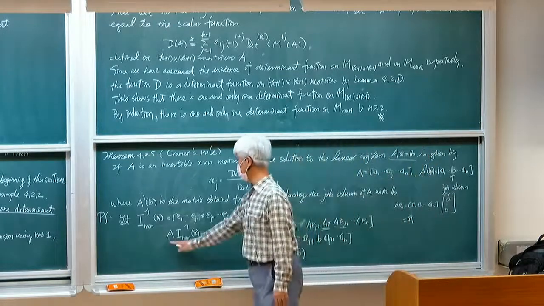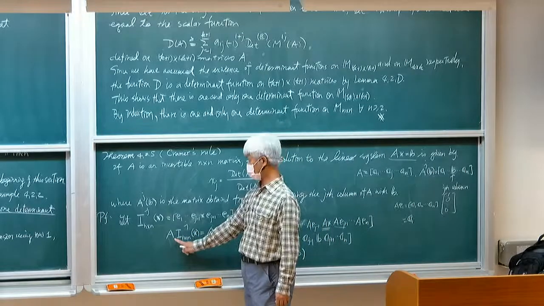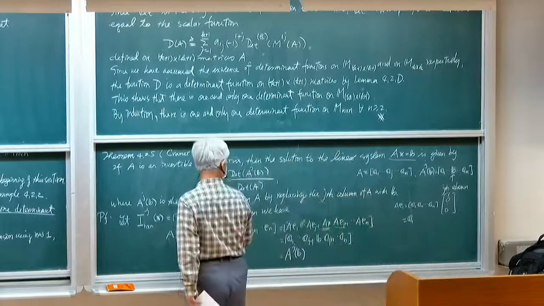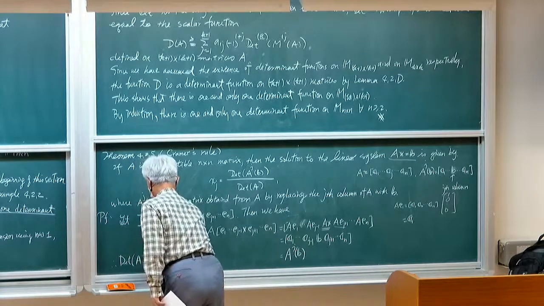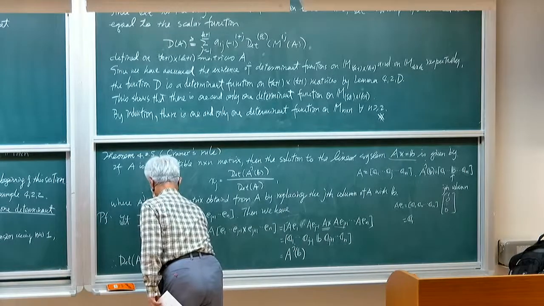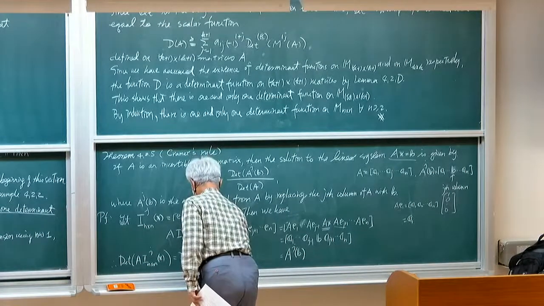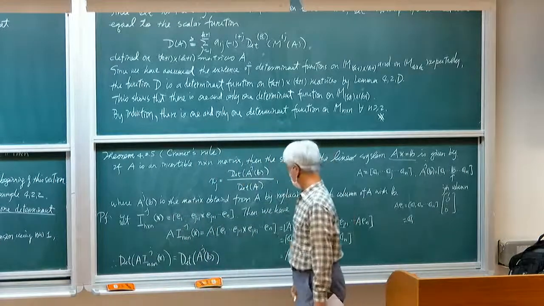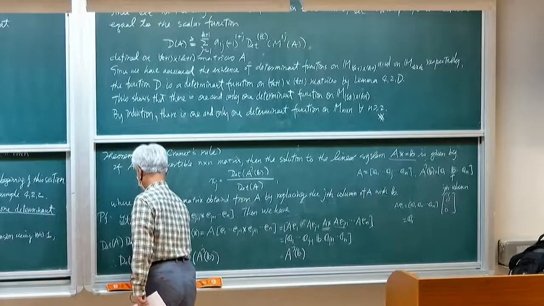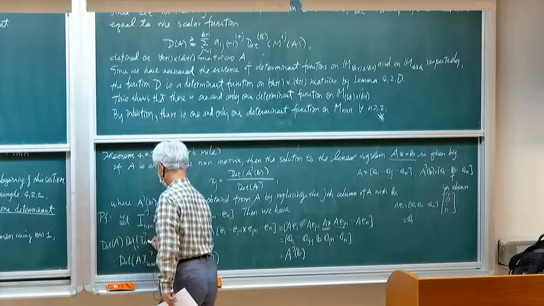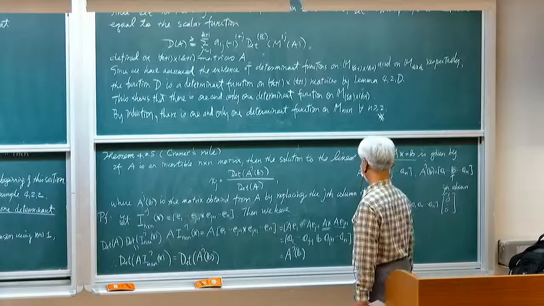We take the determinants on both sides, and by applying the product formula of the determinant function, we have the determinant of A times the determinant of the identity matrix with column j replaced by x, equal to the determinant of A sub j of b.